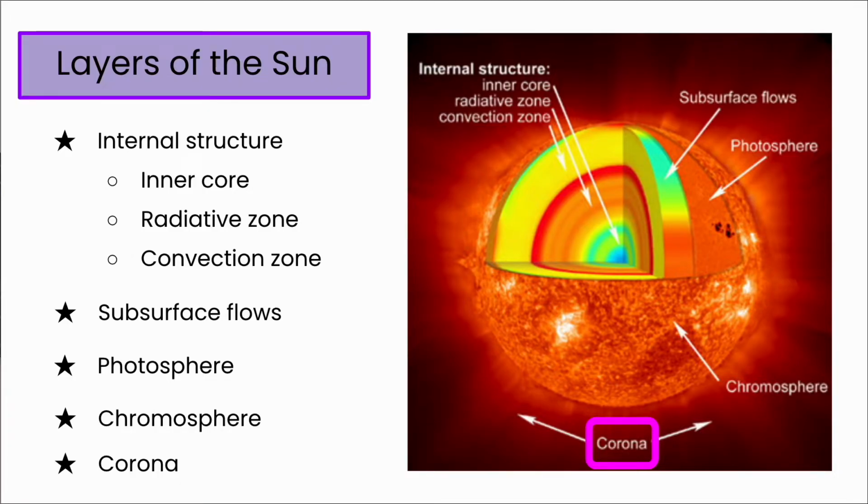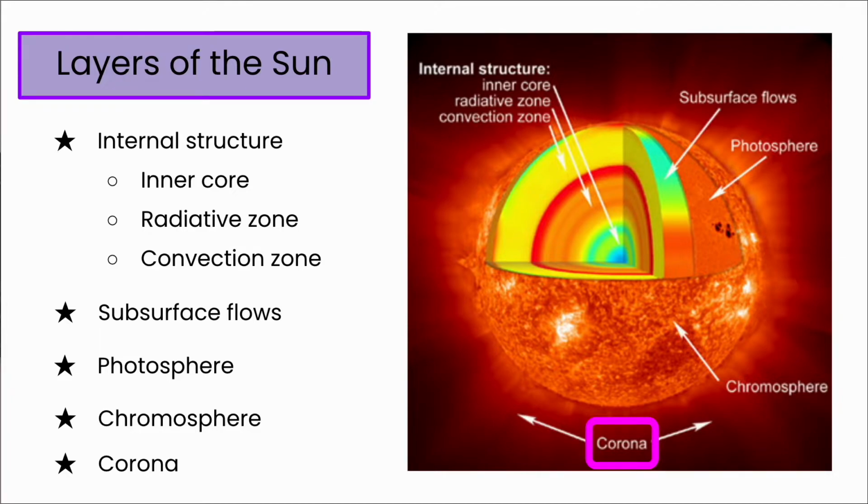That's followed by the chromosphere, an irregular layer above the photosphere where the temperature rises from about 6,000 degrees Celsius to about 20,000 degrees Celsius. And finally, the corona is the sun's outer atmosphere. Temperatures here are upwards of 500,000 degrees.